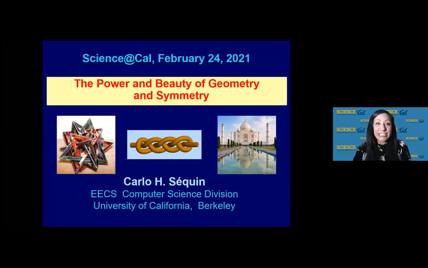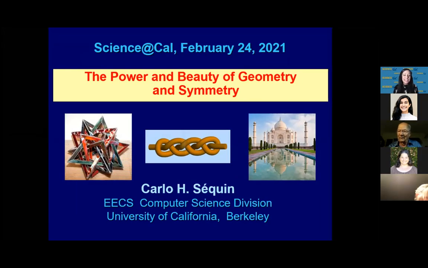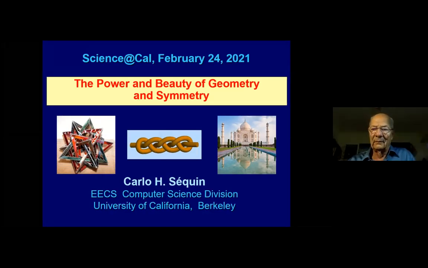Carlo Séquin has been a professor in the Electrical Engineering and Computer Science Department at UC Berkeley since 1977. His teaching and research have focused on computer-aided modeling and design.